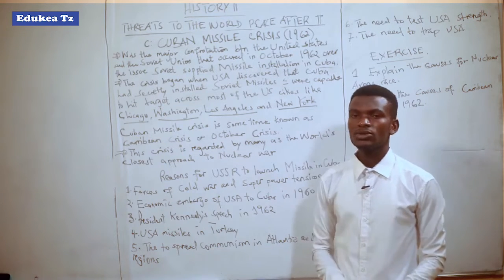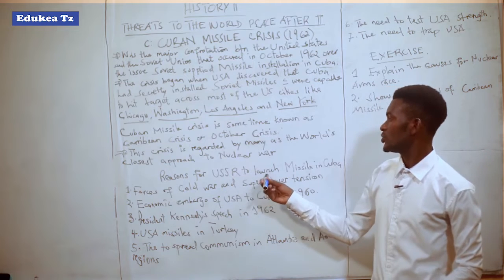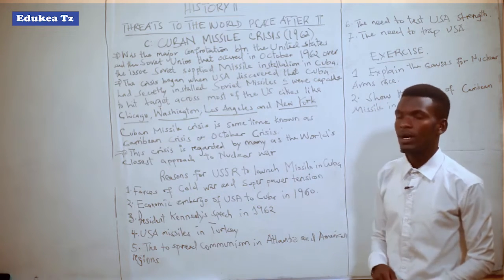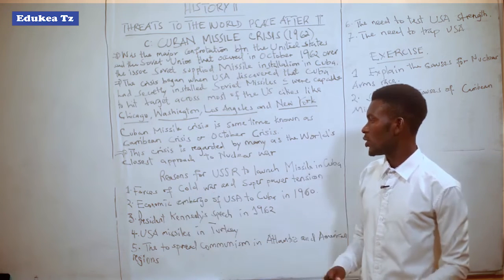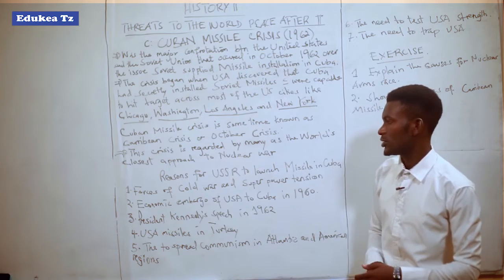Let us see the reasons for USSR to launch missiles in Cuba. The first cause was forces of Cold War and superpower tension.